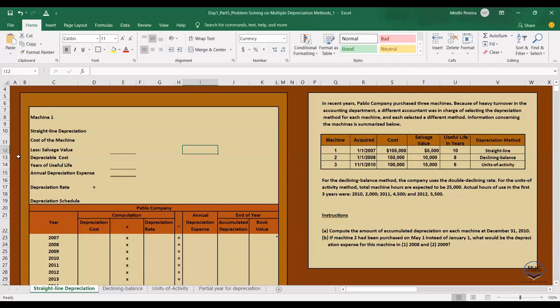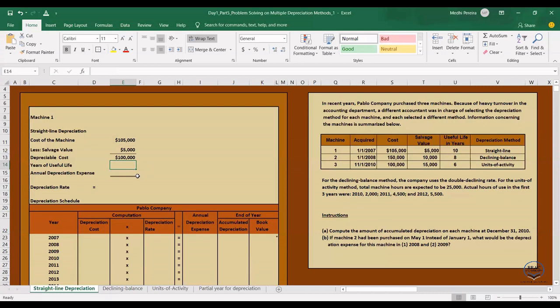So now let us consider the cost of the machine for this problem is $105,000. The salvage value is $5,000, and so the depreciable cost is $100,000.